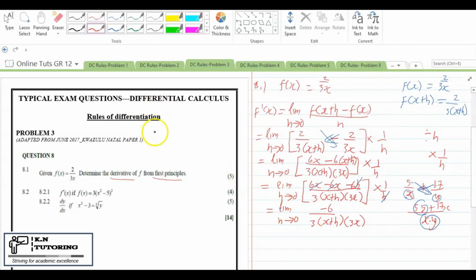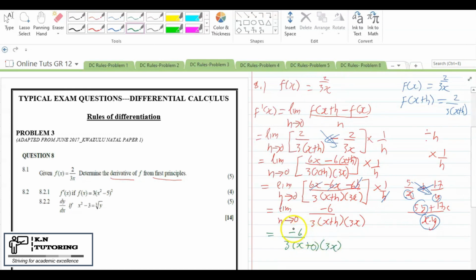Okay. Now that I don't have any division, I don't have divided by h here, I can substitute h because my equation is not going to be undefined. So I'm going to now say this will be minus 6 divided by x plus 0 multiplied by 3x.